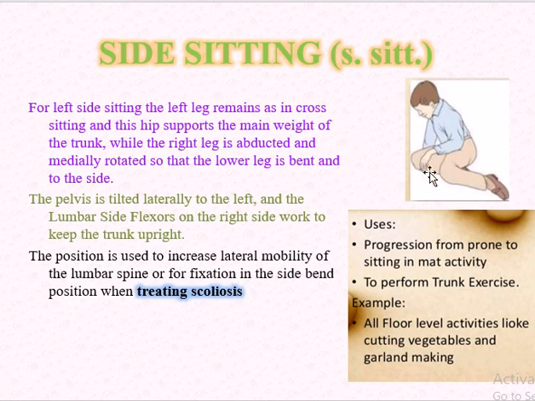The pelvis is tilted laterally to the left, and lumbar side flexors on the right side work to keep the trunk upright. The position is used to increase the lateral mobility of the lumbar spine or fixation in the side bend position when treating scoliosis. This position is used with modification for treatment of scoliosis.